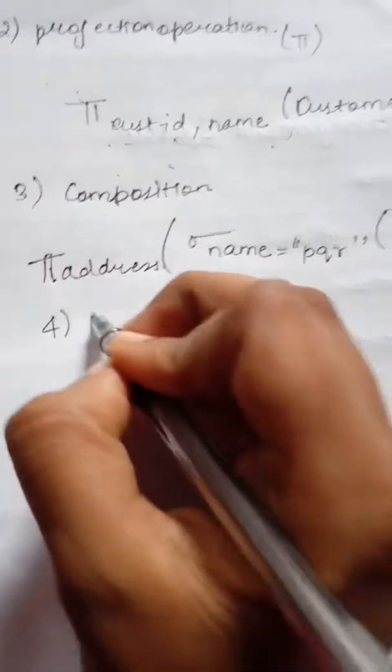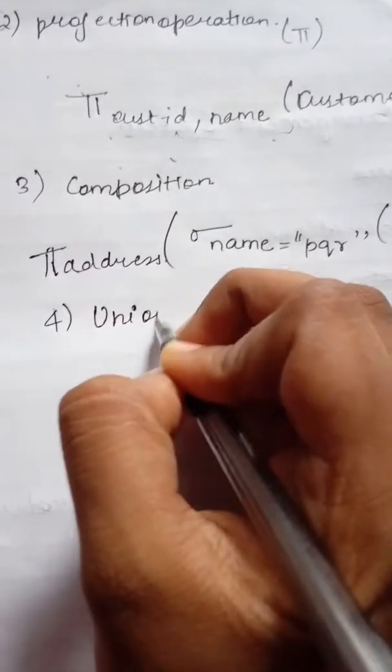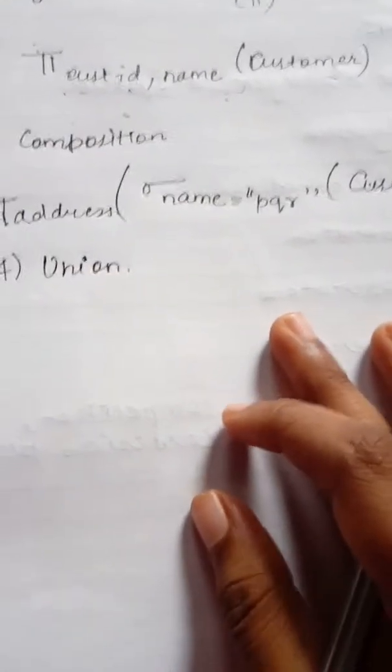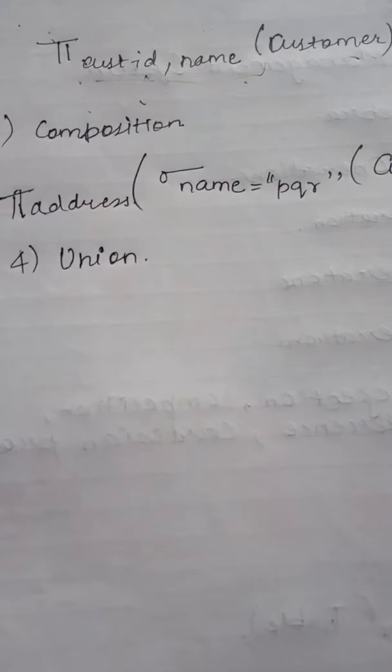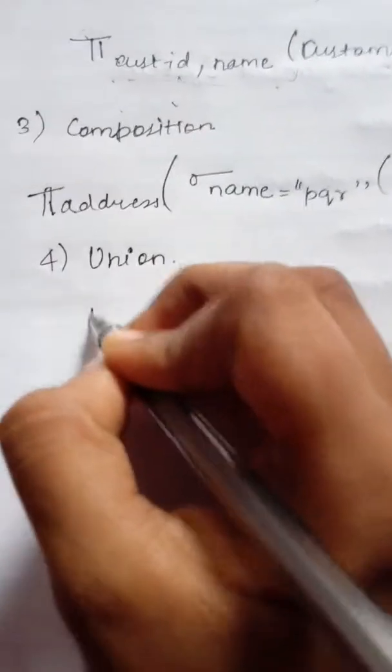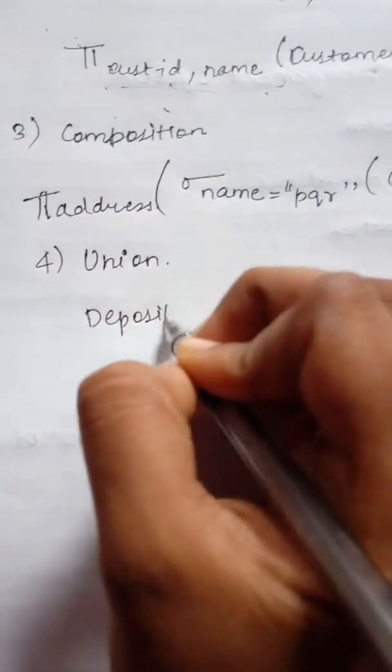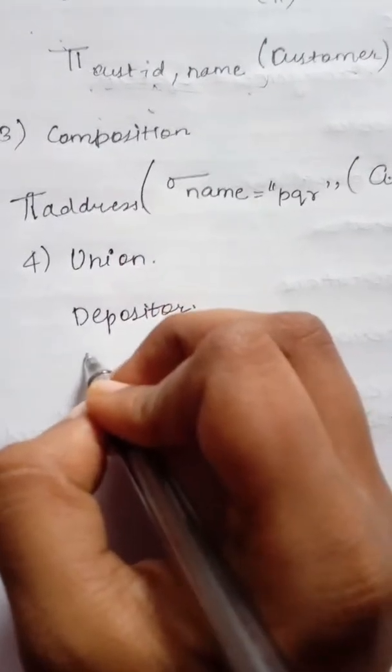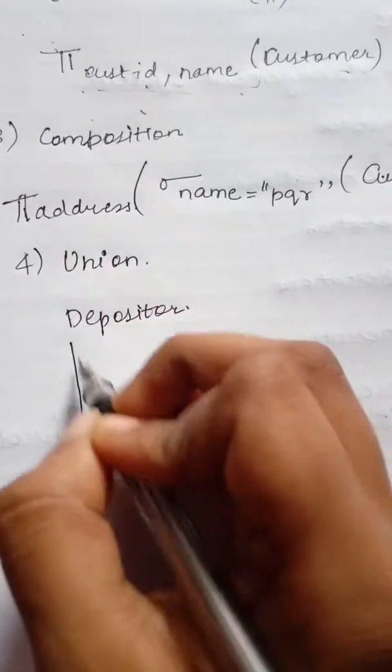Then the fourth is union. Now let's take an example. I have a depositor table, for customers who have an account.